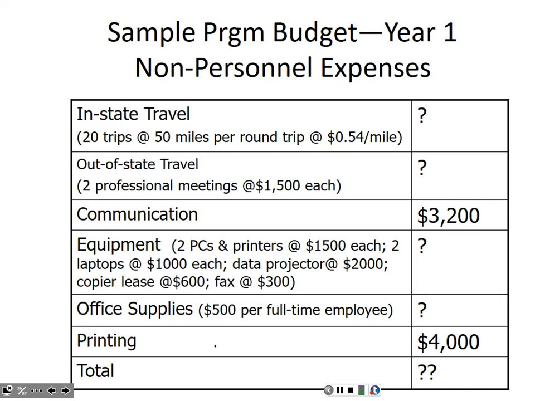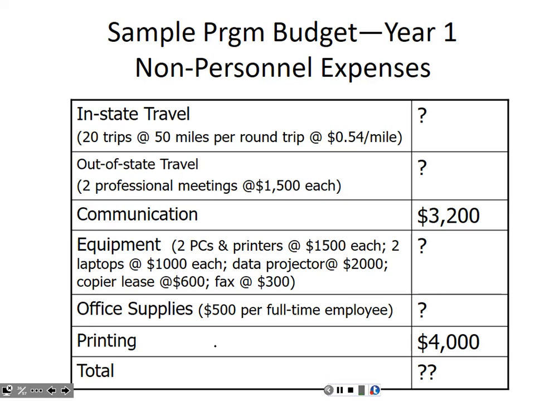Typically, the cost to attend an out-of-state meeting, including travel, conference registration, lodging, and per diem expenses, is going to range between $1,500 and $2,500 per meeting. So we're estimating 2 professional meetings. Our director will go to 1 professional meeting. One of our nurses will go to another professional meeting during the year at a cost of $1,500 each.